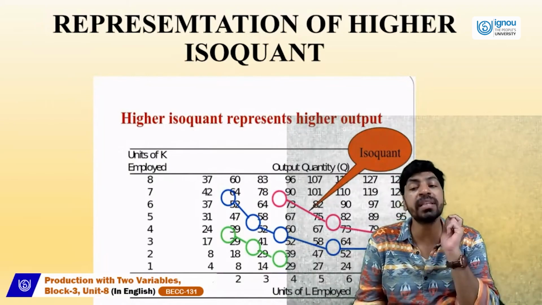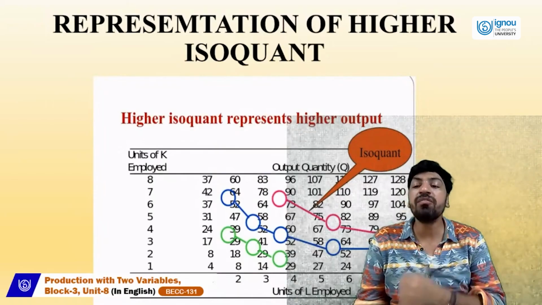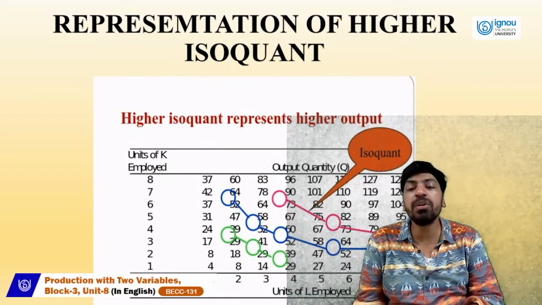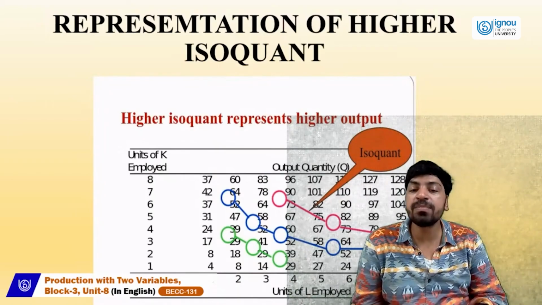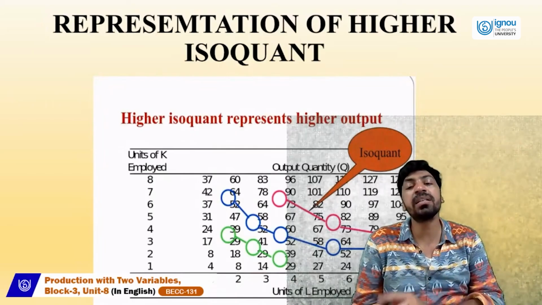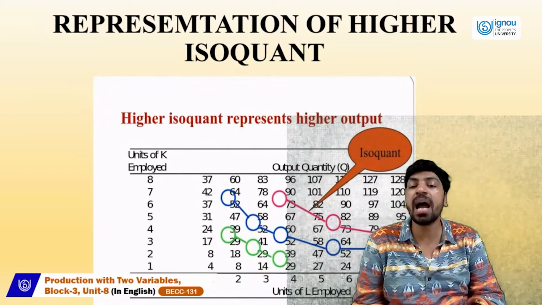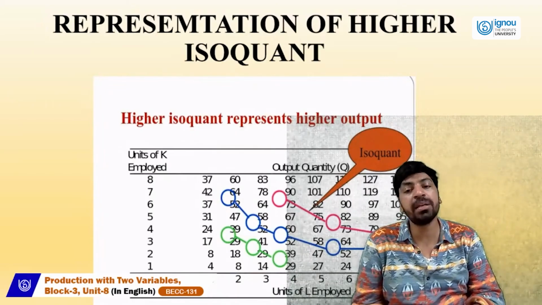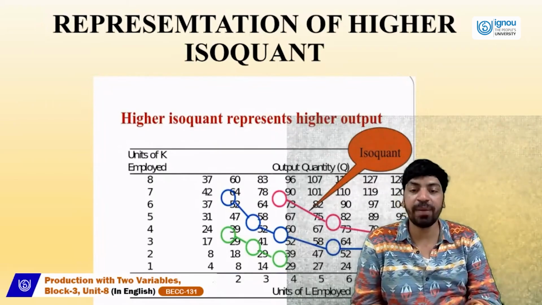Combining these two inputs, the 52 level of output has arisen, and as a result it is called a lower isoquant as compared to the upper isoquant curve.